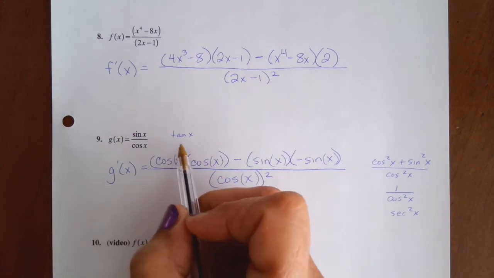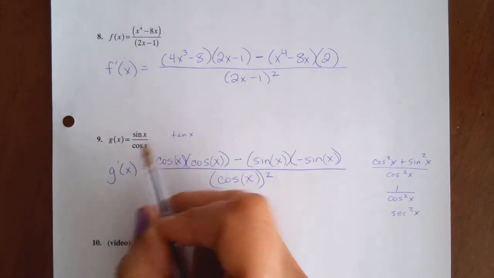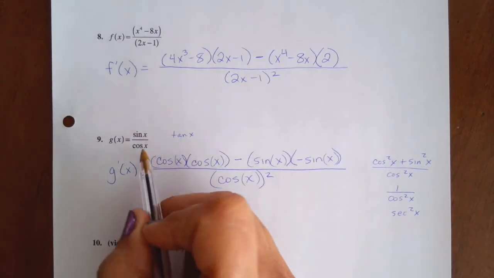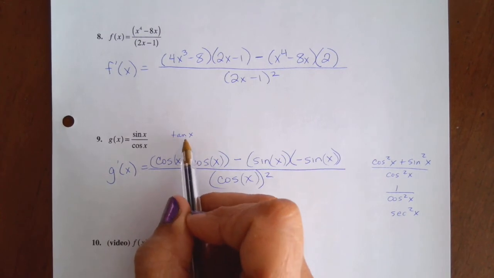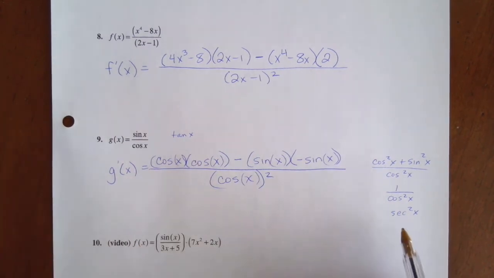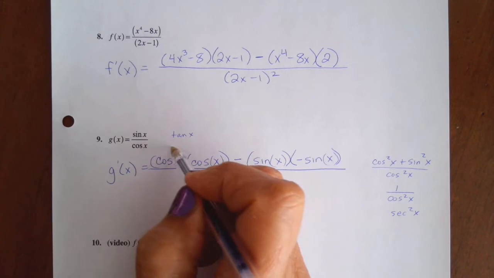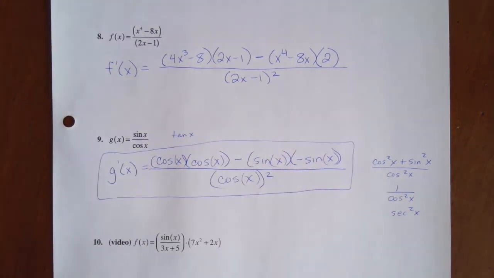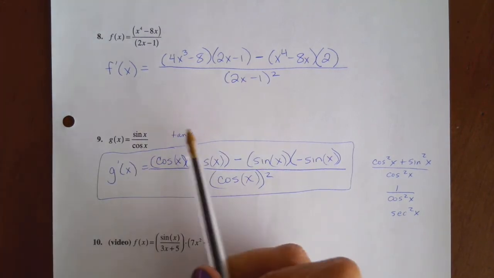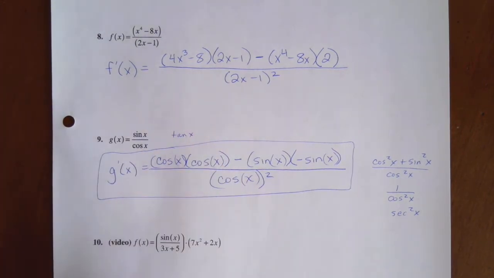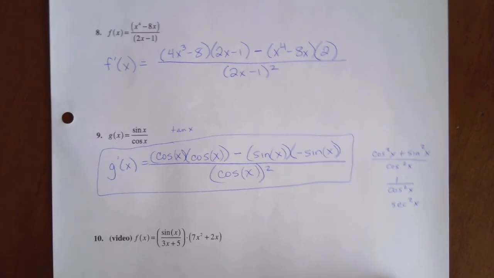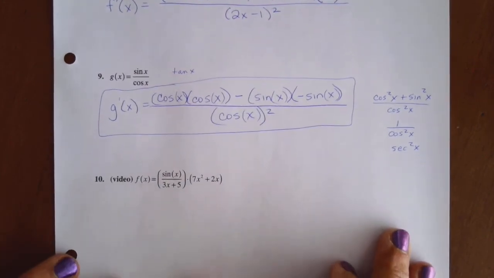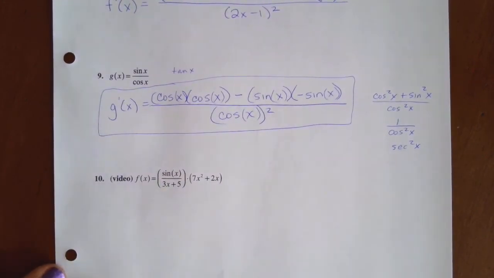So if you change this to the tangent, now this no longer is a quotient rule, and you know the derivative of tangent is secant squared, that's exactly what this is. It's just not simplified, but those are the same exact thing. But if you just treated it from here to here, that is perfectly okay. Sometimes knowing those trig functions is helpful if you want to simplify it ahead of time.